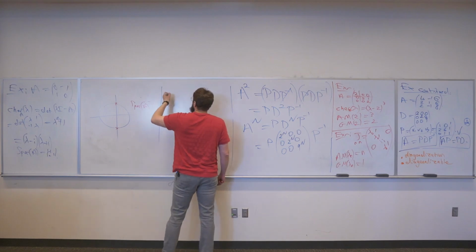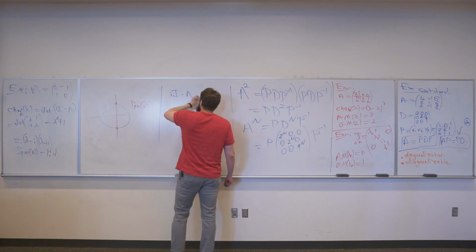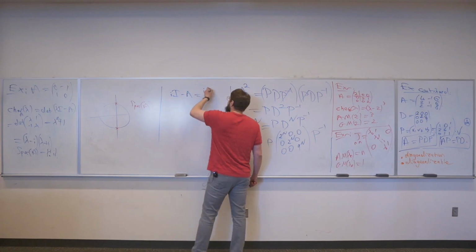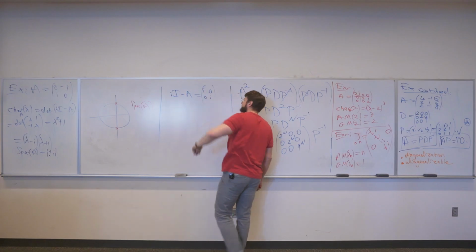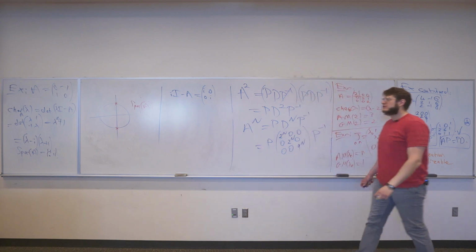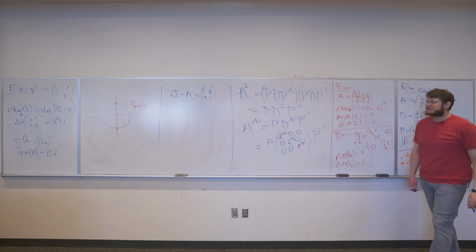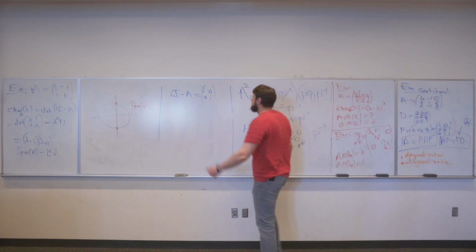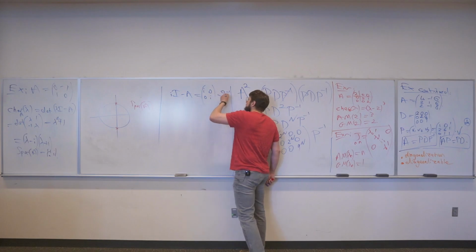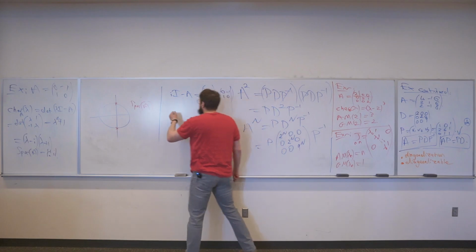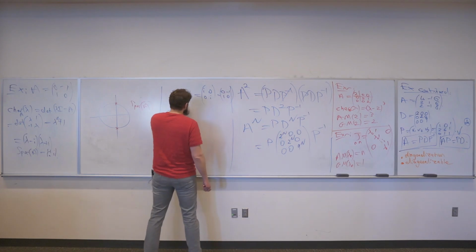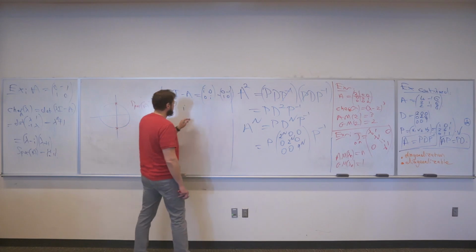So I look at i times I minus A. Right? So this is i, 0, 0, i. You have seen complex valued matrices before with Pauli matrices and stuff. So you just go through everything the same way. Okay? Algebra is going to work. It's just harder to visualize what is actually happening.